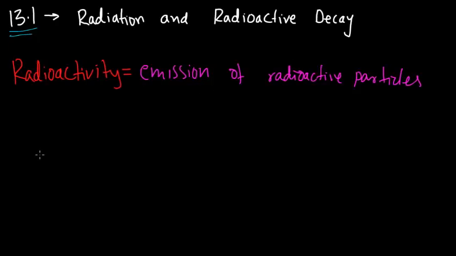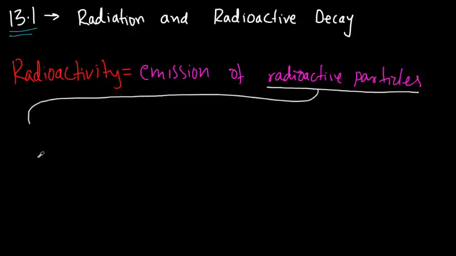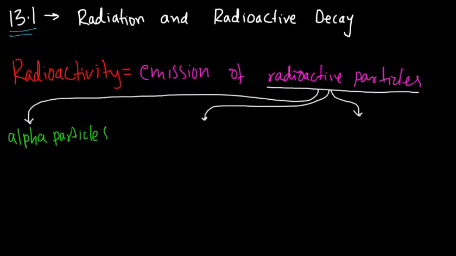Later research that was done by Rutherford and his colleagues revealed that these radioactive particles were of three basic types: alpha particles, beta particles, and gamma particles.